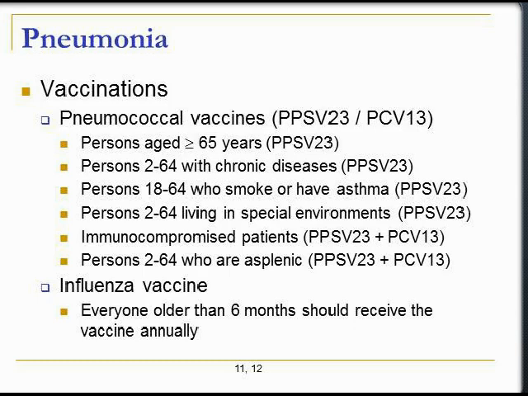You see there I have information on both Pneumovax and Prevnar 13. Prevnar 13 is now recommended in all immunocompromised patients in addition to Pneumovax, or patients who are asplenic, again in addition to Pneumovax.